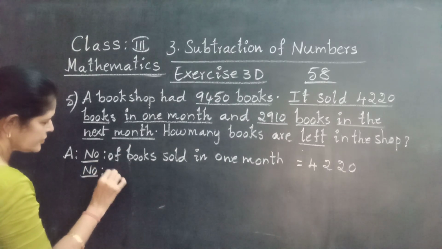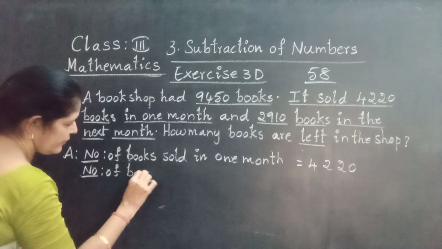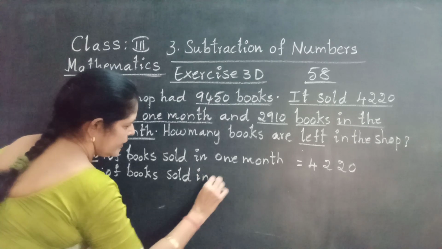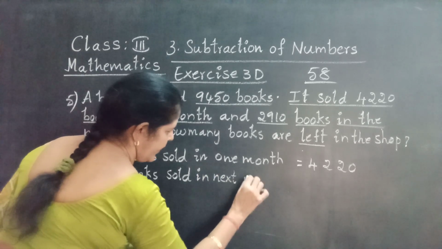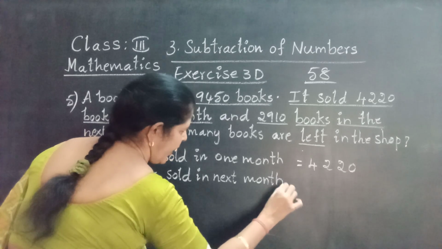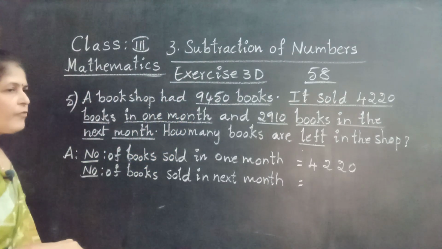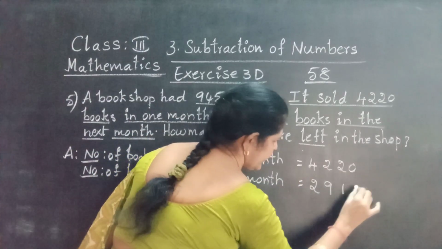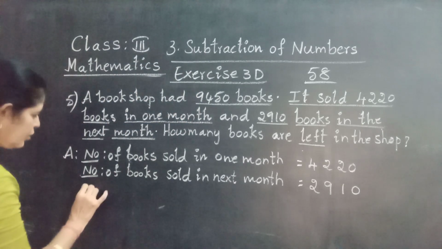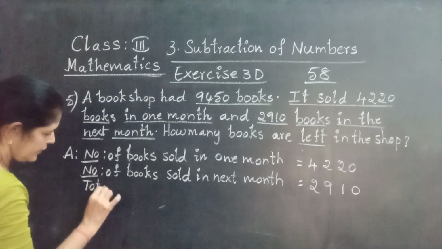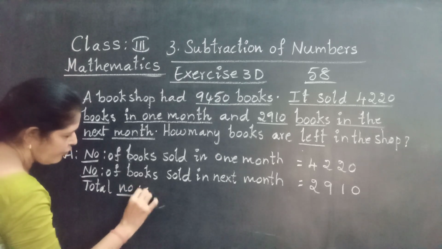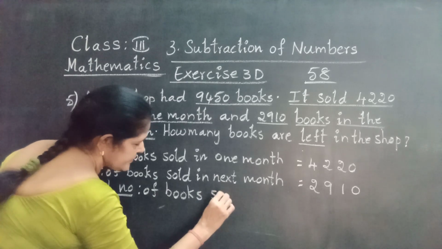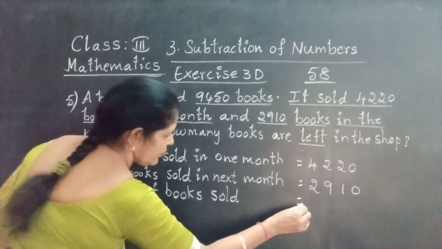Number of books sold in the next month, that means the second month. First we have to find out the number of books sold. How many? 2,910. Now total books sold. That means total number of books sold. This is the first step. Understood?